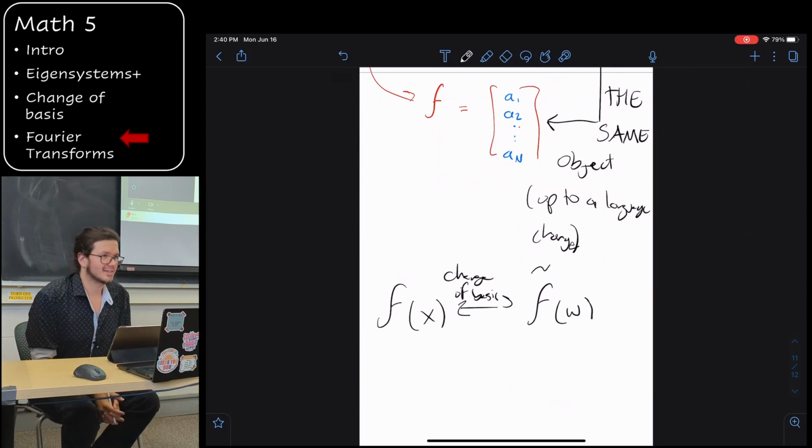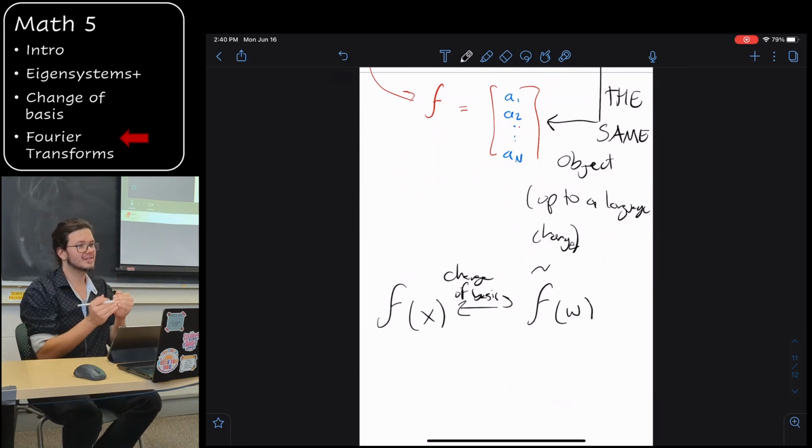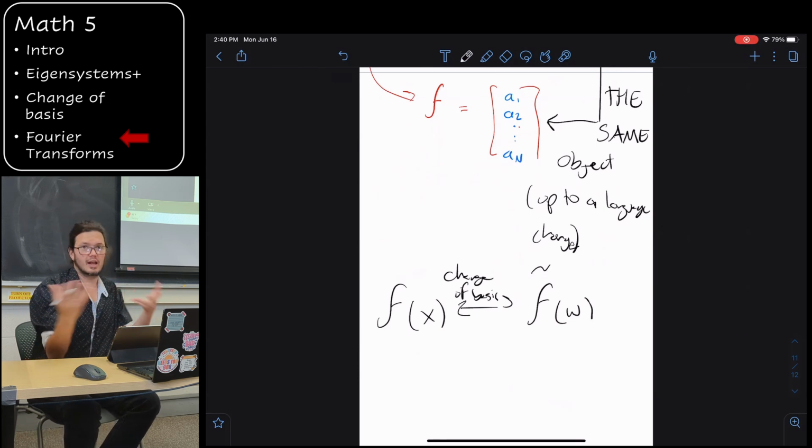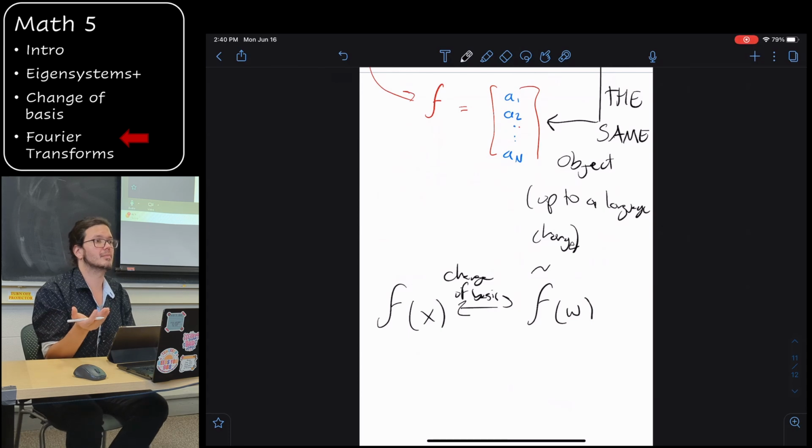But how do I change basis? If I give you a function with all the coefficients in the x coordinate, I need to have a map, a way of literally changing the basis, the matrix that you were building. We need to find how much is that.